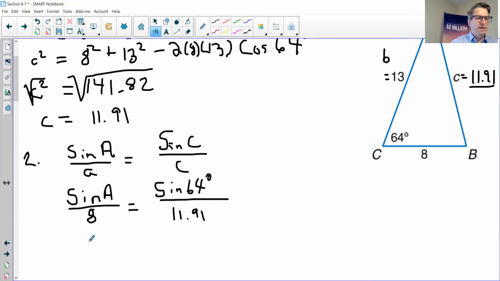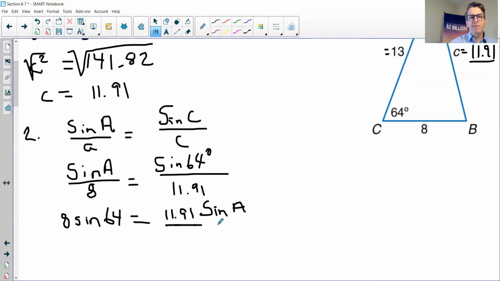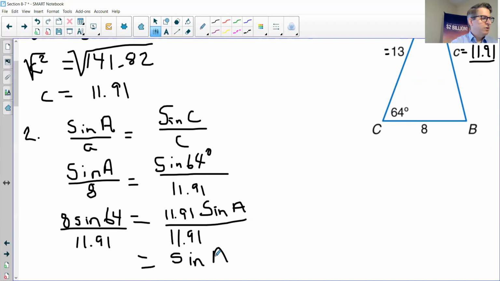So we take 8 times the sine of 64, and that's going to equal 11.91 times the sine of A. If I divide by 11.91 on both sides, I have the sine of A is equal to 0.6037.